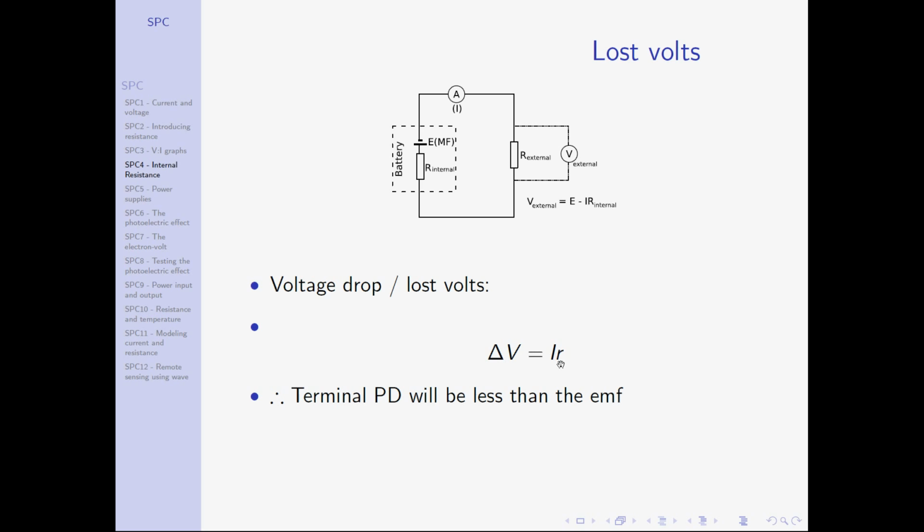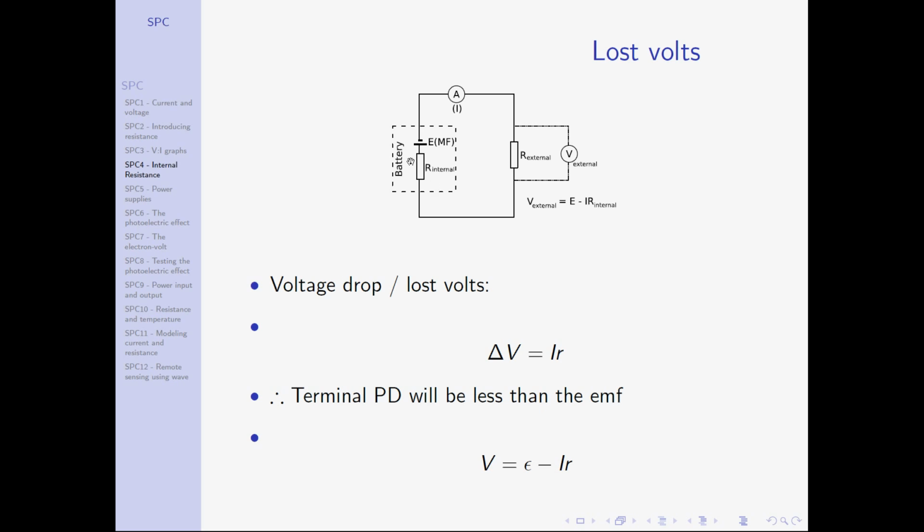And so what's left as the terminal PD, uppercase V, is going to be whatever the original EMF is minus these lost volts, so minus what's been lost here. So we've got our total EMF trying to power up the entire circuit, but then we lose a little bit of it due to the internal resistance, and what we're left with is the terminal potential difference, which is what the rest of the circuit is seeing.